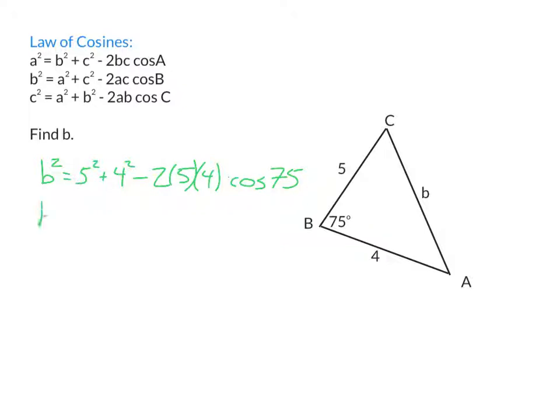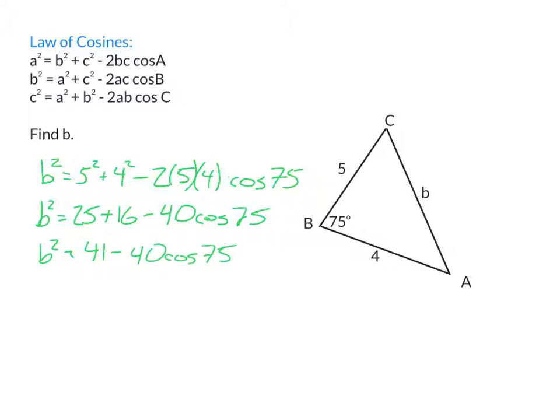And this is pretty much calculator work. So 5 squared is 25, 4 squared is 16, minus 2 times 5 times 4 makes 40 cosine 75. It's very tempting to add 25, 16, and 40 and then subtract the 40 off, but that 40 has to multiply first. So b squared would actually equal 41 minus 40 cosine 75.